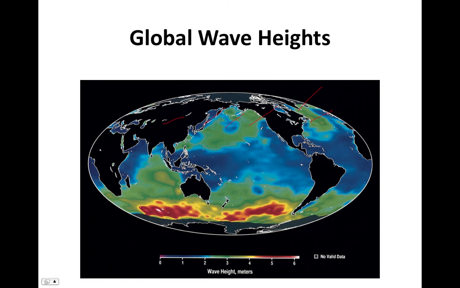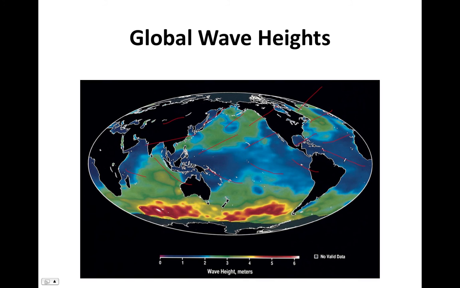Okay. And then we have the easterly winds here that blow from east to west. And in the northern hemisphere, we have the easterly winds, and in the southern hemisphere as well. But both these northern westerlies and northern easterlies and these southern easterlies, they are disrupted by the continents.